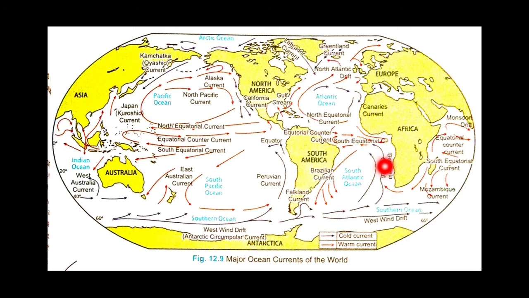And did you notice that the deserts are on the western margins of the continents? So all the hot deserts or tropical deserts have mostly formed due to the ocean currents. Here is the Mojave Desert, Sonoran Desert. Here is the Atacama Desert.